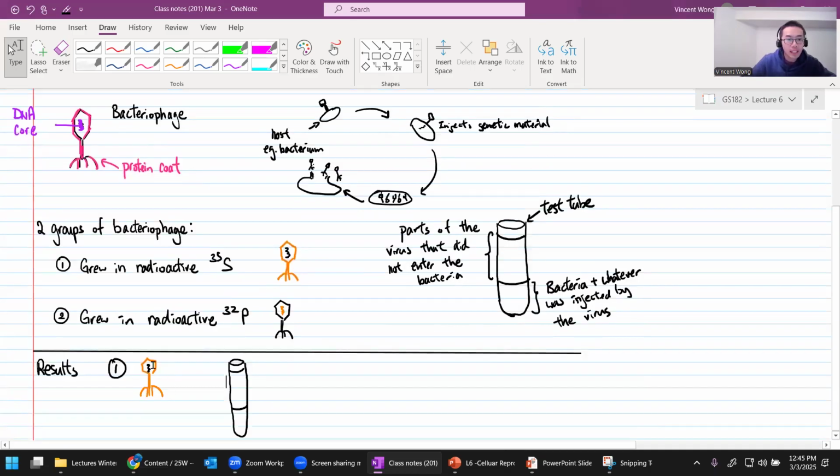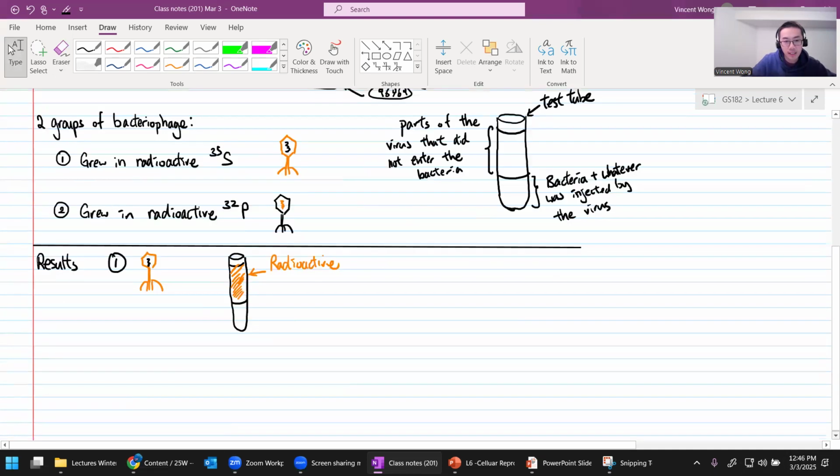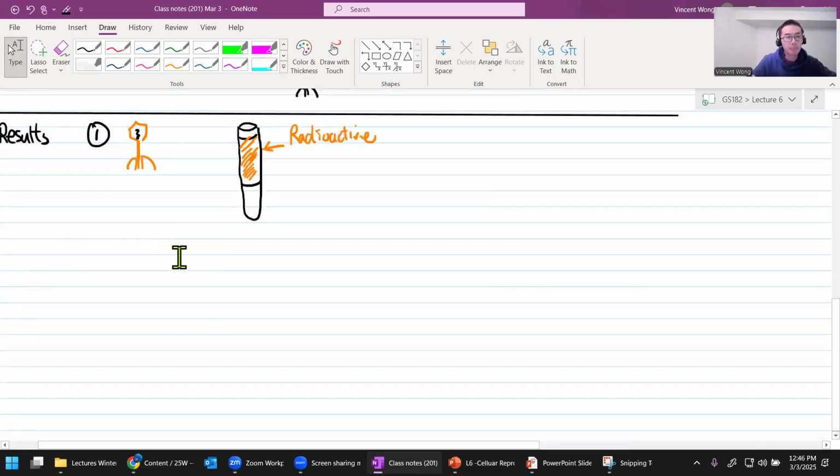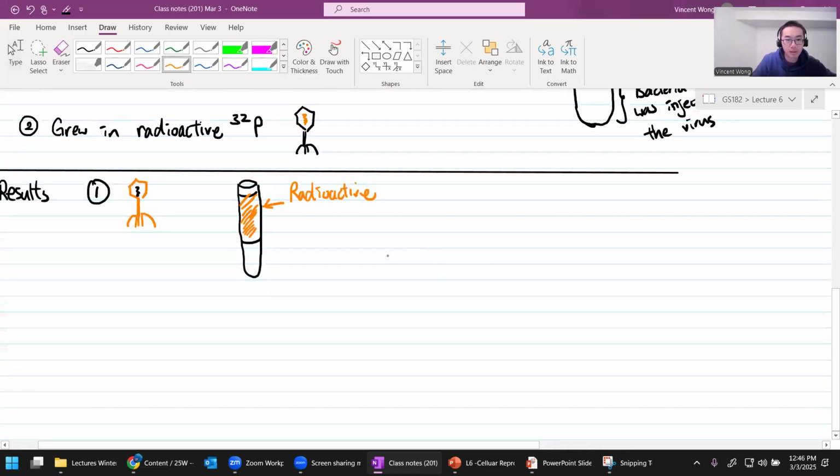So over here, if you only label the protein with the sulfur 35, the protein is not going to go into the bacteria, and they're going to stay outside, and that's the lighter part, and you will find the radioactivity at the top portion. Okay, radioactive. And then the bottom will have no radioactivity. The DNA went in, but it didn't light up the bacteria, so to speak.